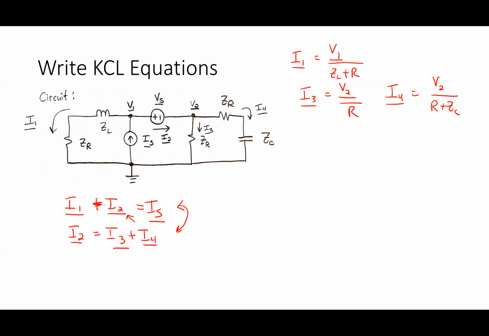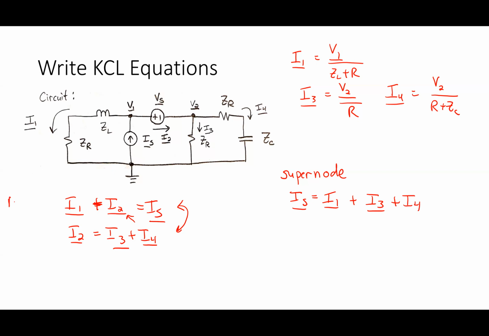Based on the way I drew this, what are the currents going into the supernode? IS is the only one going in. And what's coming out? Everything's coming out: I1, I3, and I4.